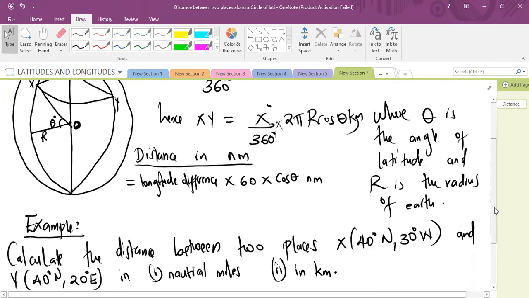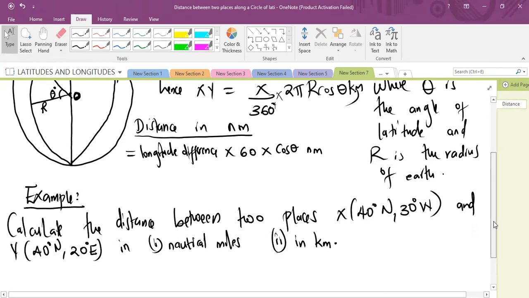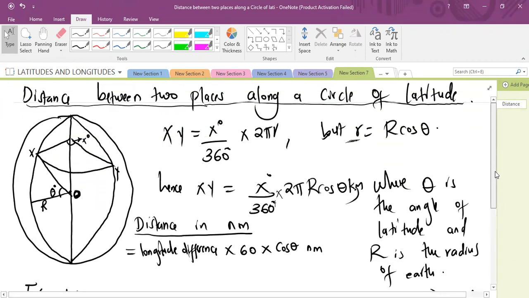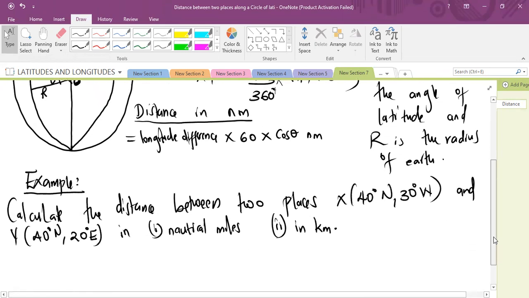Okay, fine. Let's take up an example. Calculate the distance between 2 points. The point X, 40 degrees north, 30 degrees west, and the point Y, 40 degrees north, 20 degrees east. So clearly we can see they are both on 40 degrees north, along the same latitude.